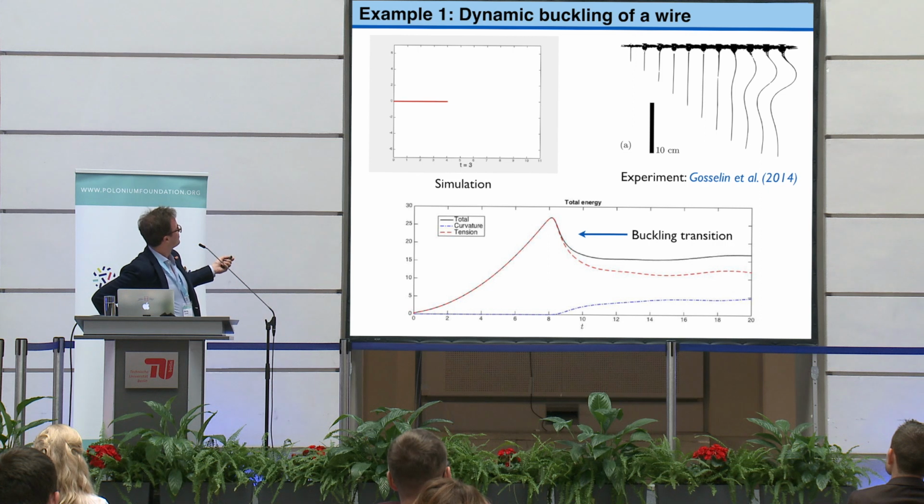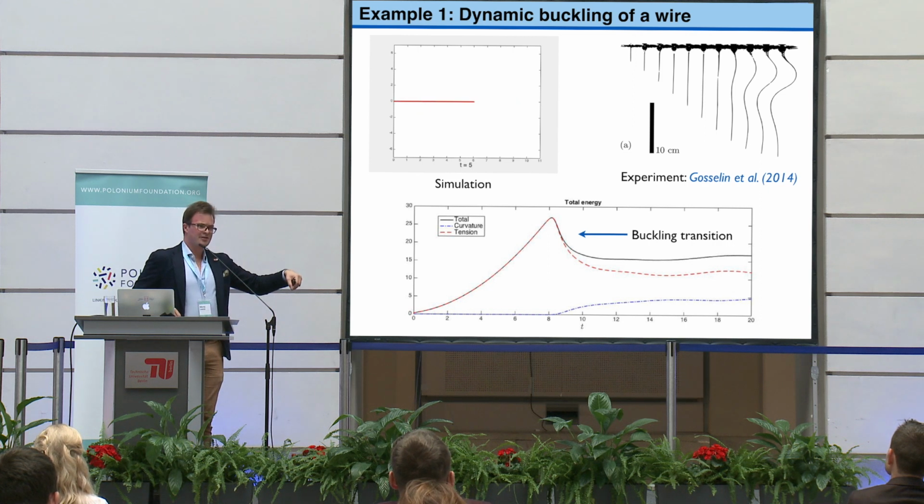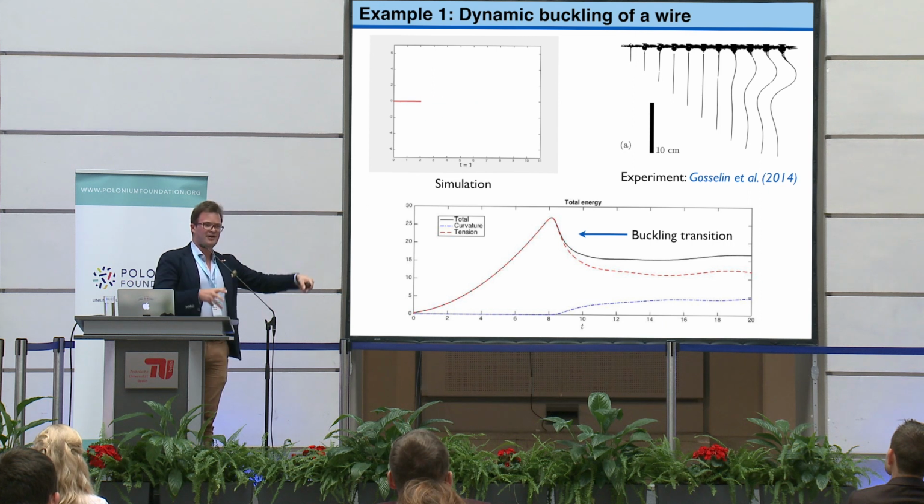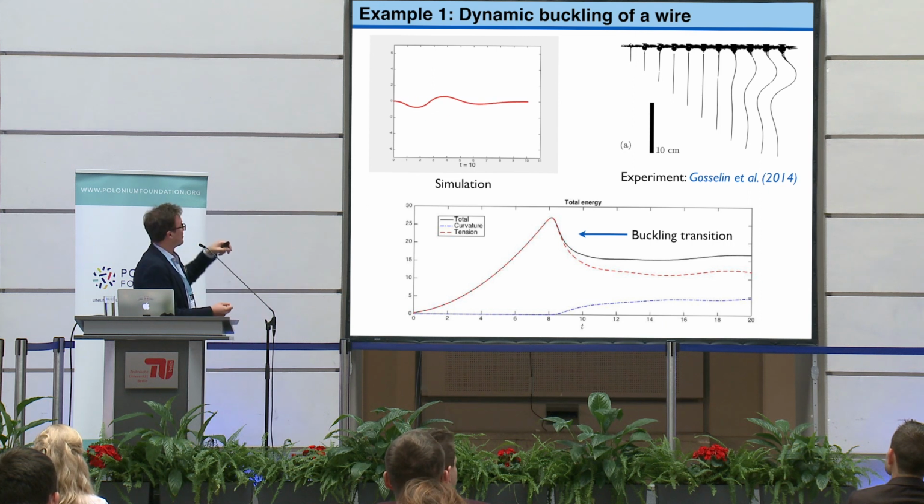In this very simple experiment, what we do is we push a piano string in a bathtub full of honey. In the beginning, it is straight, and as I start pushing it, it starts deforming. And this is a simulation that shows basically how this happens.